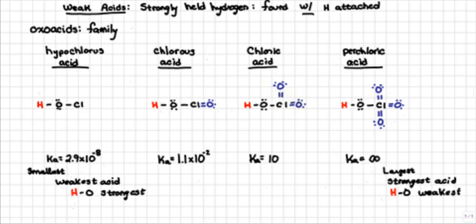So what we need to do is understand why this bond right here is so strong, giving rise to weak acid behavior, and why this bond is so weak, giving rise to strong acid behavior.